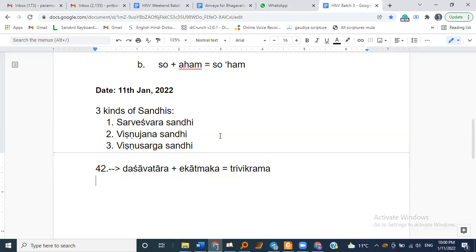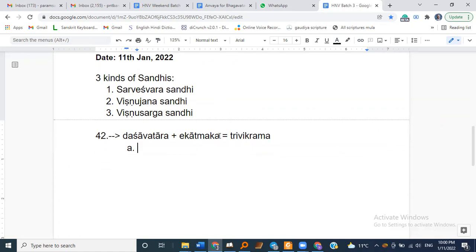For example, let's say Krishna Yukta Arjuna. A very simple example. So we have two words. Krishna ends with the Varna A, and Arjuna begins with again A. So the first one, is it a Dashavatara or not?